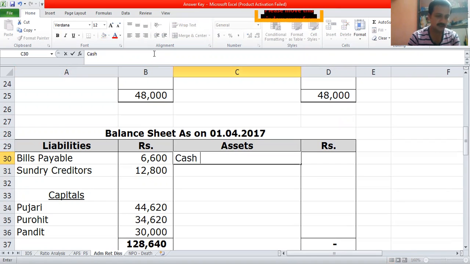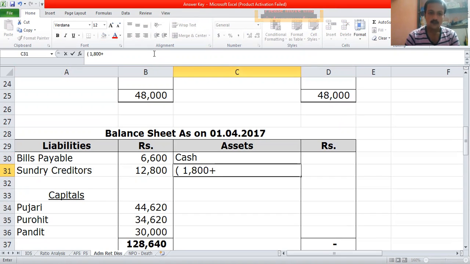Okay. So now coming to the asset side. First is cash. Now let me show you how to write the cash balance here. First, we had a balance of 1,800. Plus, we have brought capital plus goodwill, that is totally 48,000.